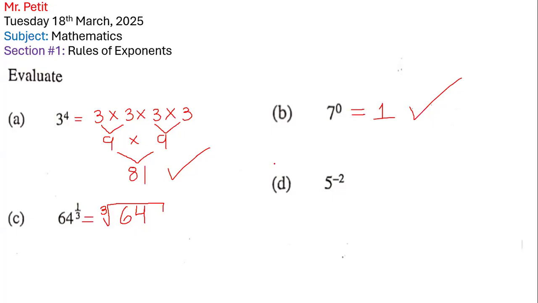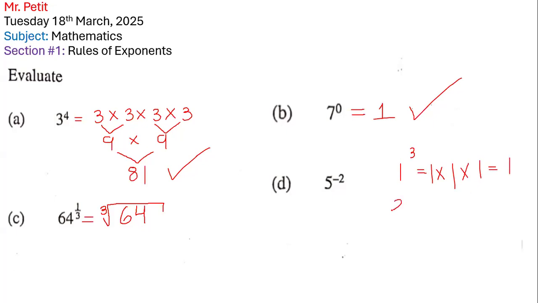1 to the 3rd power is what? 1 times 1 times 1, which gives us 1.